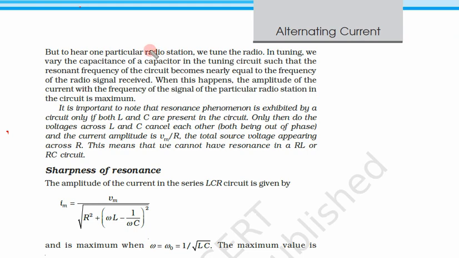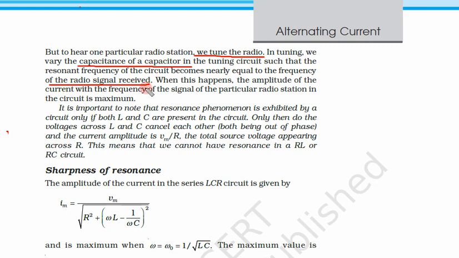This can be tuned for many different frequencies, but to hear one particular frequency we tune the radio. In tuning, we are varying the capacitance of a capacitor in the tuning circuit, so that the resonant frequency of the circuit becomes nearly equal to the radio signal received.